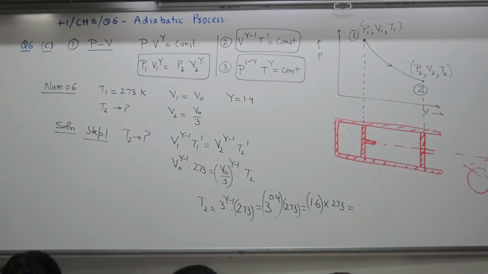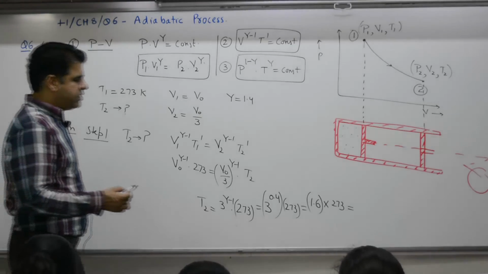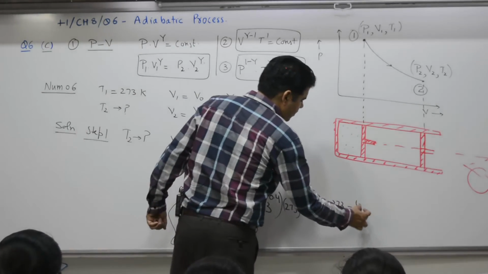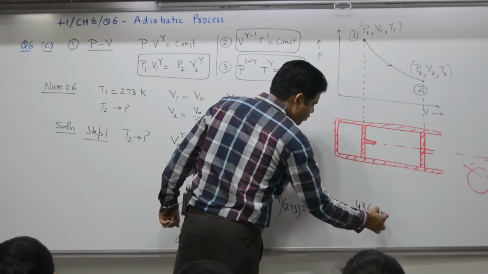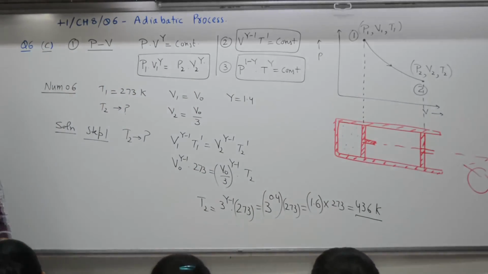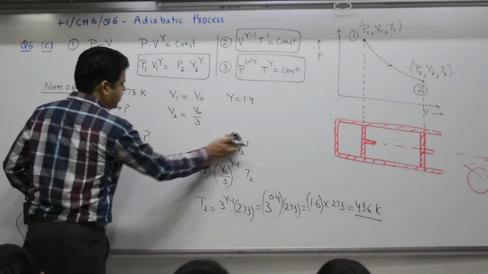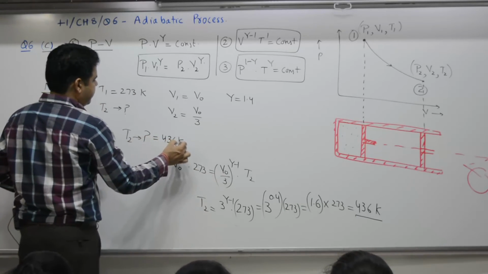Solve it. Yes. How much? 436.8. Say 436 Kelvin. T2 is 436 Kelvin.